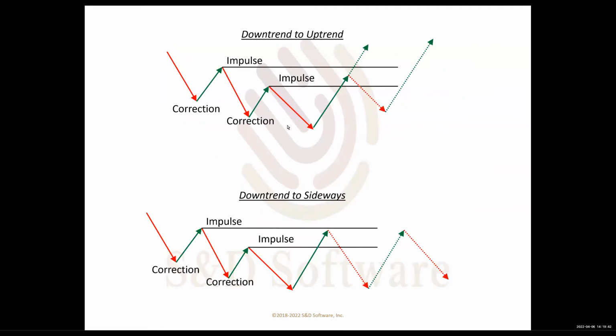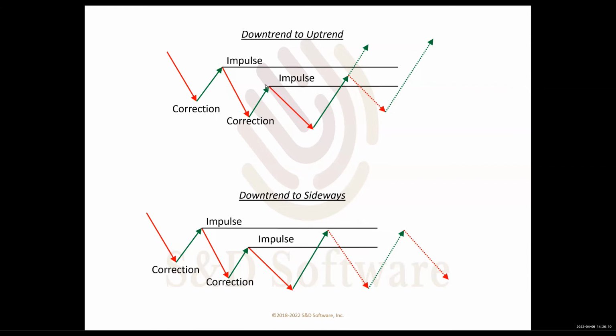And so if we look at that graphically, here we have an example of a downtrend being converted to an uptrend. So we have our impulse moves down, our corrections up, impulse down, corrections up. And then here we get a long correction. This correction exceeds the previous high, where a correction turned into an impulse.